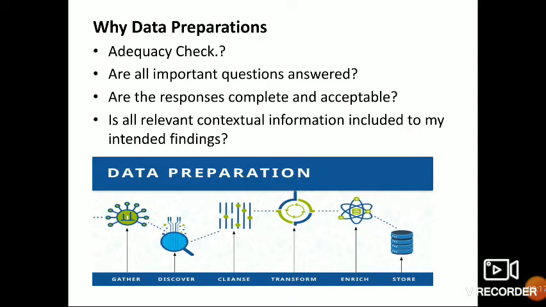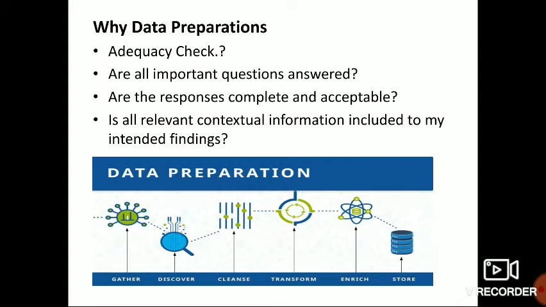So why does data need to be prepared? The following points we are going to see. These are the reasons the data is prepared before it is put into the analysis part.